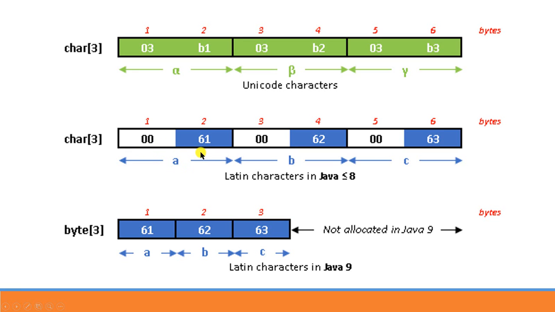For example, lowercase a is 61. This 61 is the ASCII code number, and we would have 00 stored in the first byte. That 00 represents a certain region for these Latin characters. And in Java 9, we can directly store it as a byte-level character of a single byte.